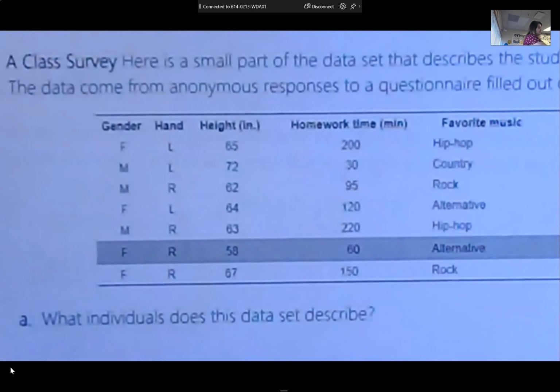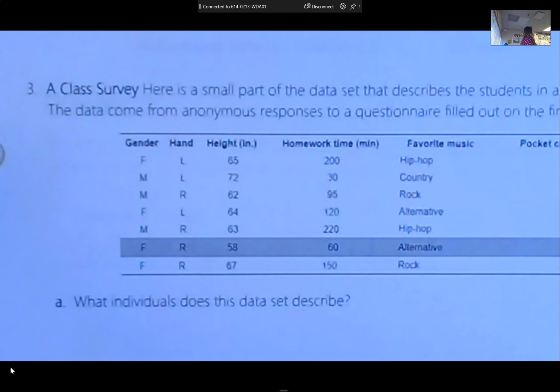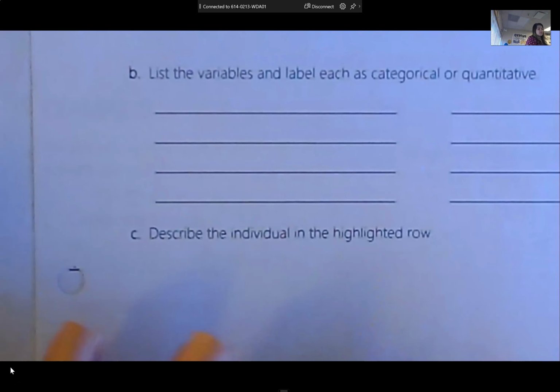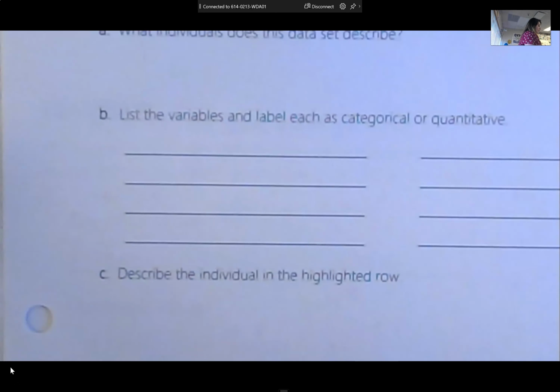One that I just want to mention real quick is it asks you about these students in a statistics class, and it gives you their gender, their handedness, their height, the time they spend doing homework, their favorite music, and how much money's in their pocket. And the very last question says, describe the individual in the highlighted row.